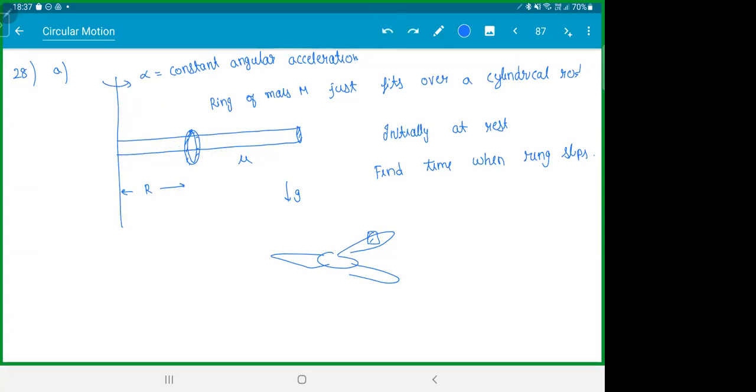At one point, the friction will not be enough, the centrifugal force will be so high that the ring will start moving outside. I hope you're getting the scenario. It is exactly like putting a duster or a coin on top of your fan and then switching on the fan. As the fan starts going faster and faster, the coin will slip. So the question is, after what time will this ring slip?